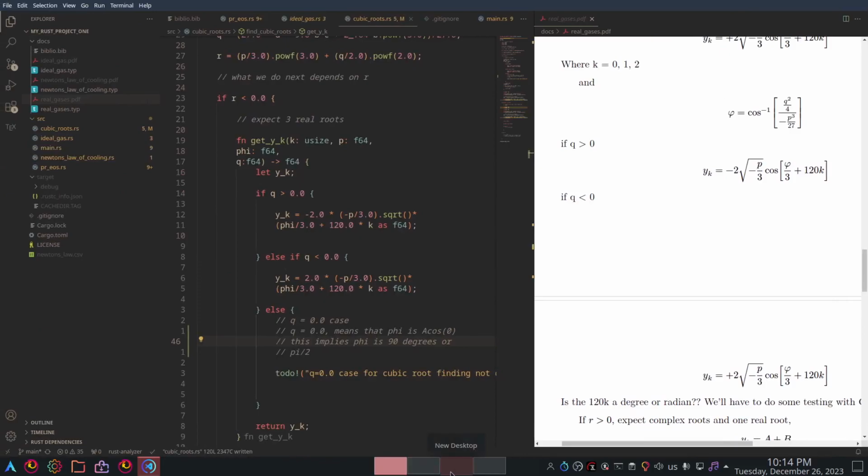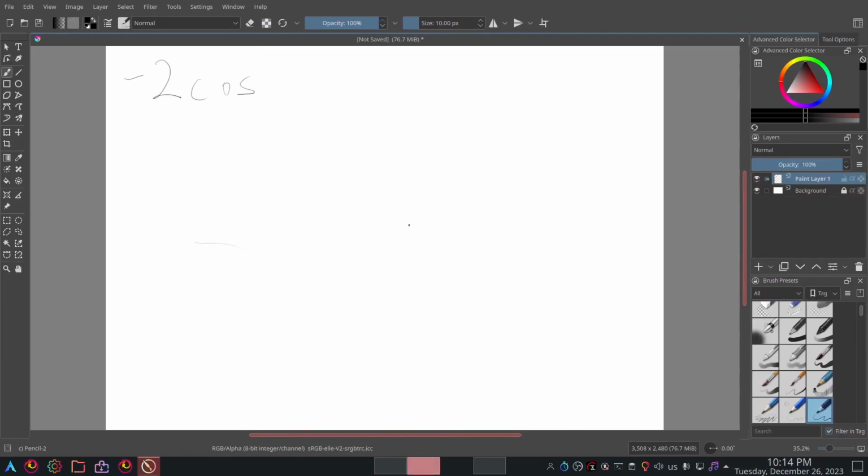I haven't used this critter before on live presentation very much. So yes, minus 2 cosine of phi by 3 plus 120k, right? And this will be in degrees. I want to prove that this is equals to 2 cosine phi by 3.